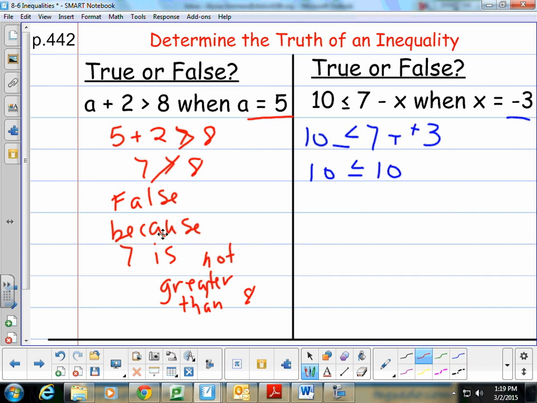This is going to be true because 10 is equal to 10. Remember, it has to be or. Even though 10 isn't less than 10, it is the equal to part, so this is true. 10 is less than or equal to 10.